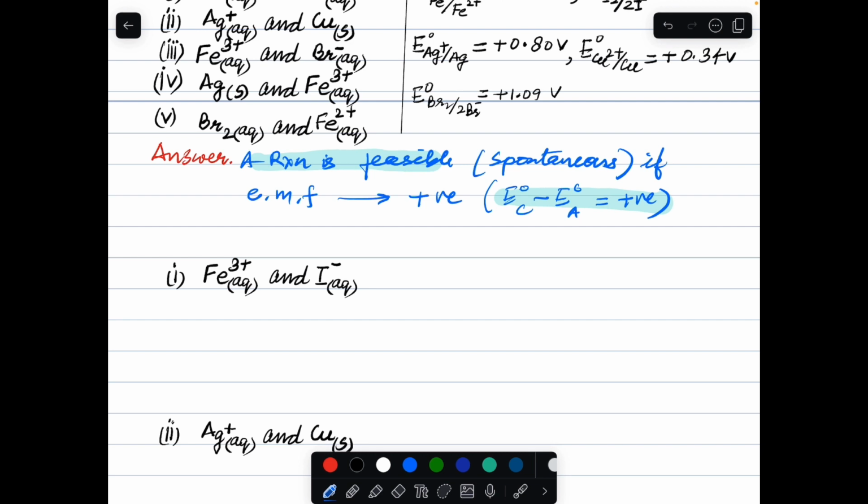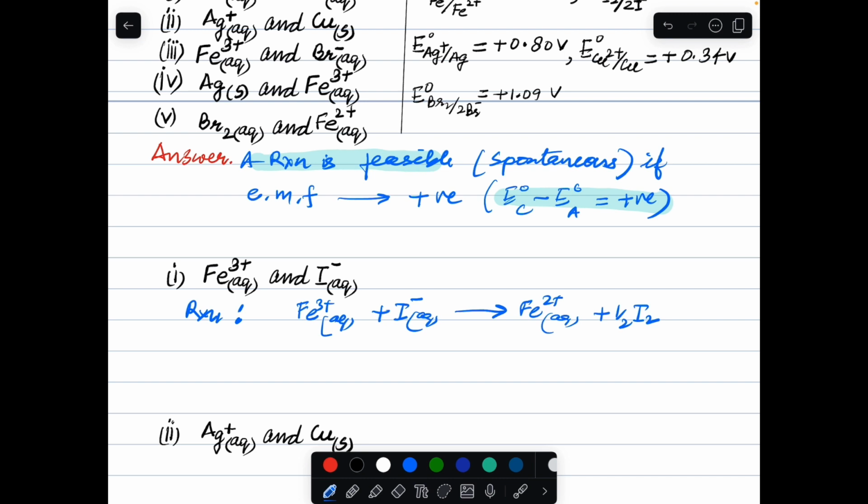For the first one, they have given you ferric ion with iodide ion. We will write down first the equation for this and then we will be calculating. So the reaction is: your ferric ion, that is Fe3+ ion in aqueous state, will react with I- ion in aqueous state to give you ferrous ion, that is Fe2+ ion in the solution, and iodine, that is half of I2, because we have here a molecule.